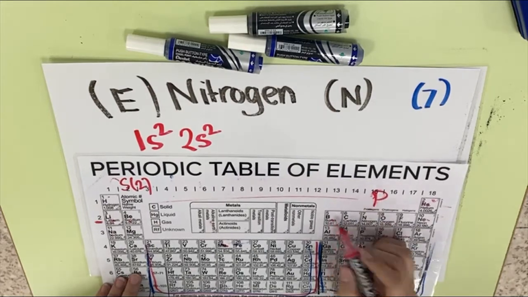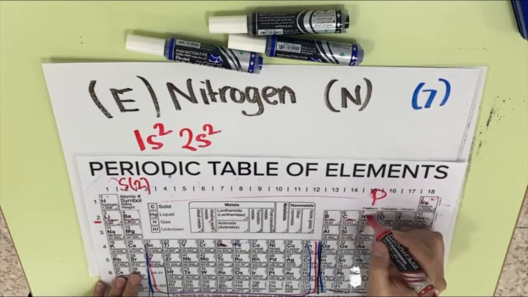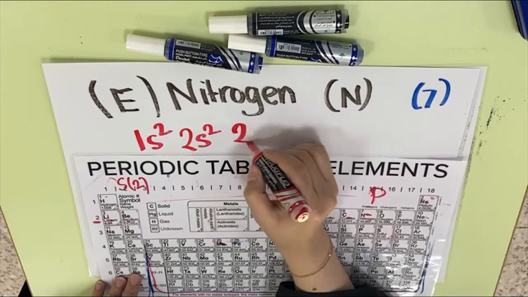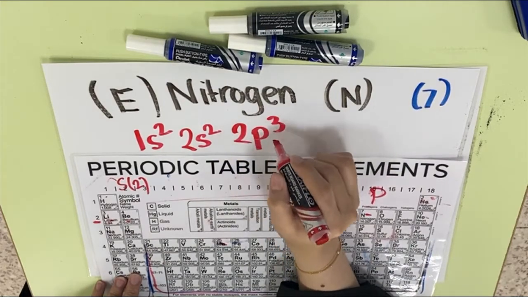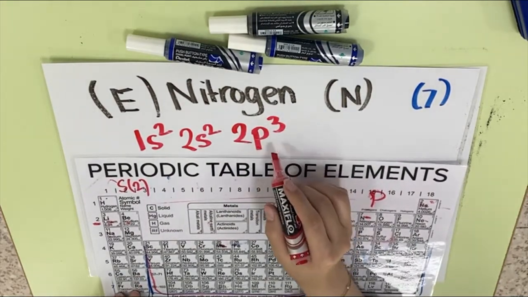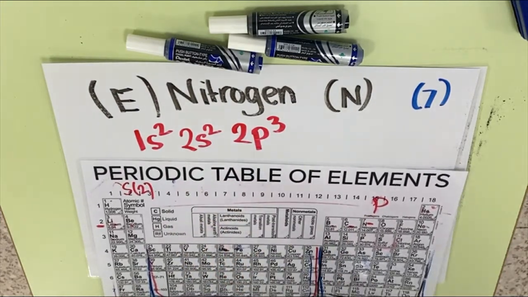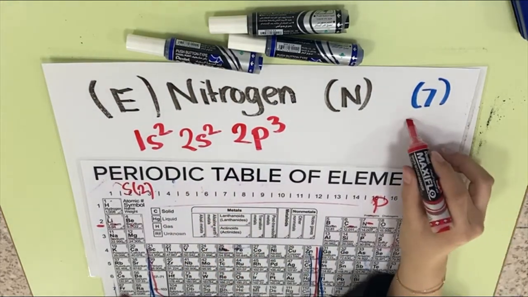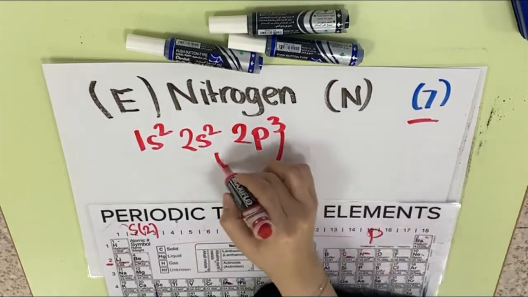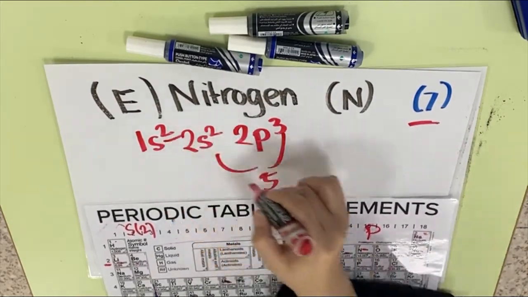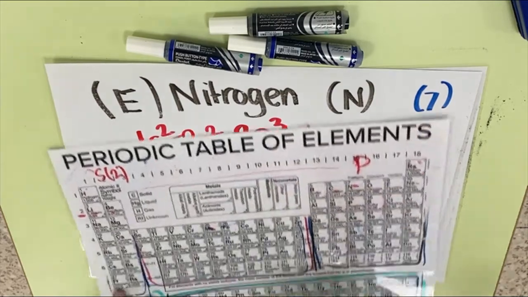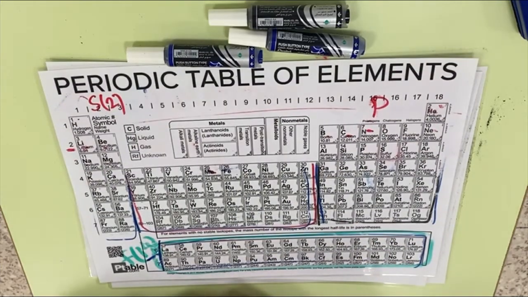So 2p1, 2p2, 2p3. So this is the electron configuration for nitrogen: 1s2, 2s2, 2p3. Let's check our answer. Atomic number is 7. 3 plus 2, 5, plus 2, 7. So we are on the right track.